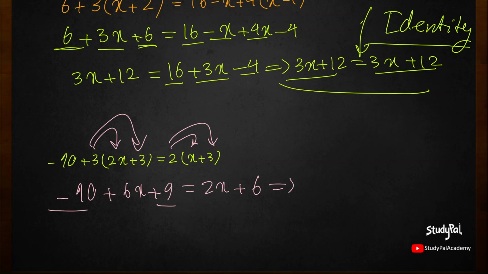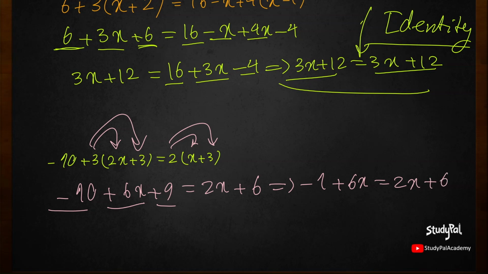Minus 10 plus 9 is minus 1. Minus 1, 6x here. And the right hand side you have 2x plus 6.